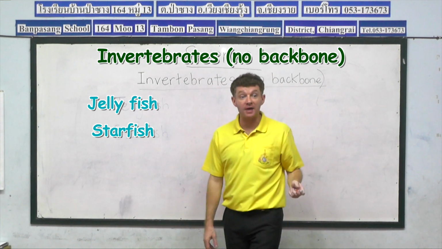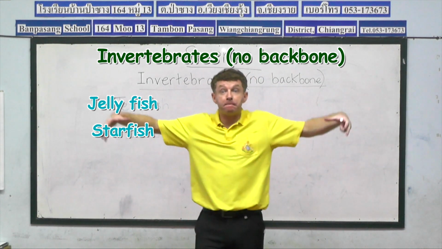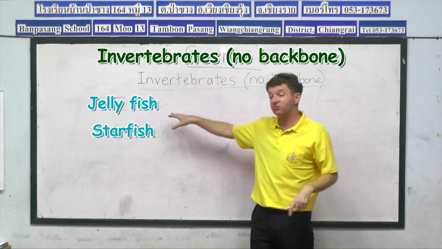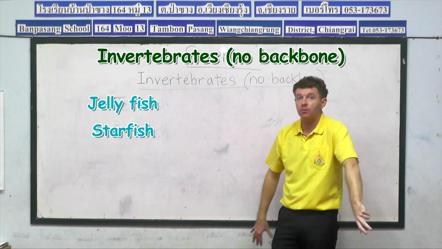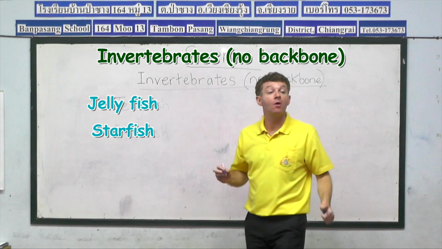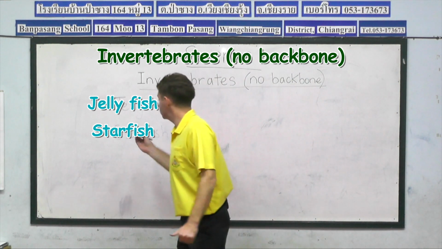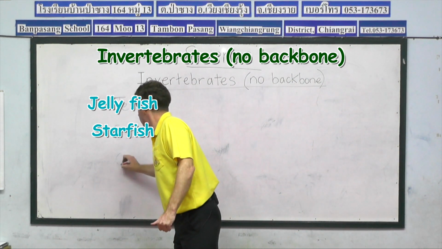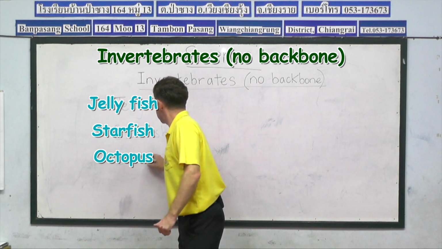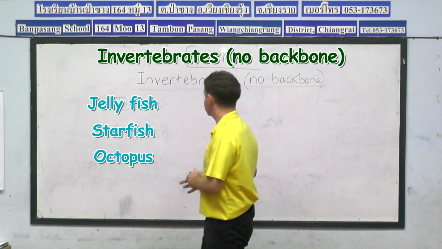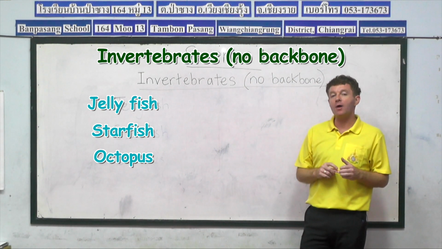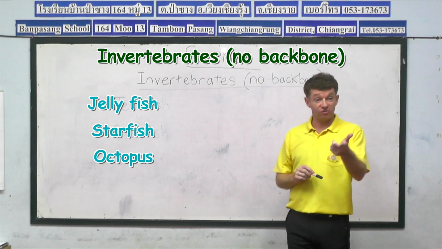Now I heard another animal too. Yes, a bigger animal that looks a bit like a jellyfish and has tentacles too, but is bigger. And that animal is? Octopus. How do we spell octopus, guys? O-C-T-O-P-U-S. Octopus. Okay, so any more examples? Snail.